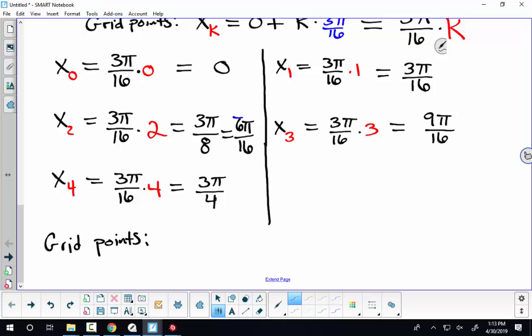The first partition goes from 0 to 3 pi over 16. Envision these intervals that we're listing as the length of each base on the x-axis of each rectangle. Then the next rectangle starts at 3 pi over 16, and goes to 3 pi over 8.